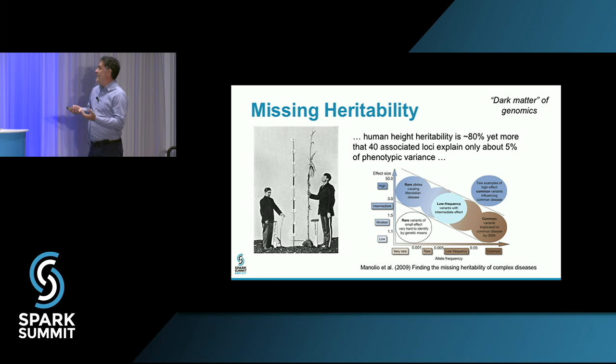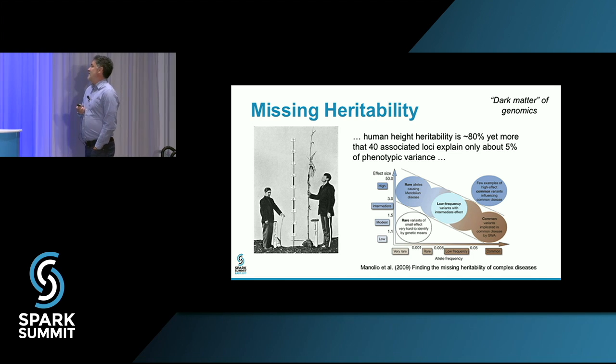So there are a few possible explanations. One of them is that we need to run larger samples because we are not sensitive enough. Some of them are related to the fact that we are looking for only those common variants, so we are looking at only SNPs, and maybe there are some diseases that are caused by very rare variations, and we are not looking for them because of technology. But one of the explanations is that maybe it's because of the interaction between genes.